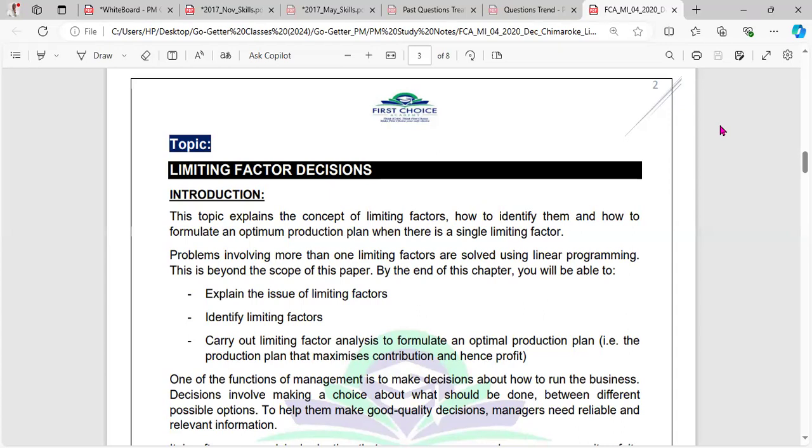Now, this is another decision making that we need to learn from marginal costing. Problems involving more than one limiting factor are solved using linear programming, which is beyond the scope of this topic. So we are going to be identifying those limiting factors, and we're going to carry out analysis to formulate an optimal production plan. Now, this production plan will maximize our contribution, and anything that maximizes contribution will increase your profit.